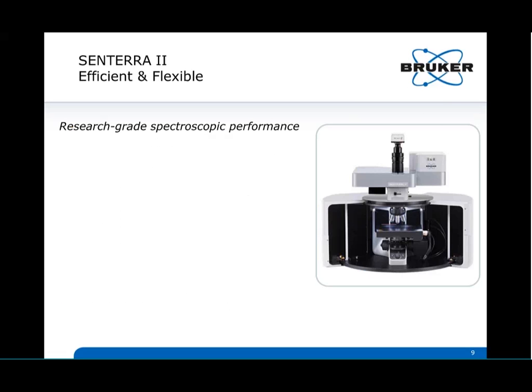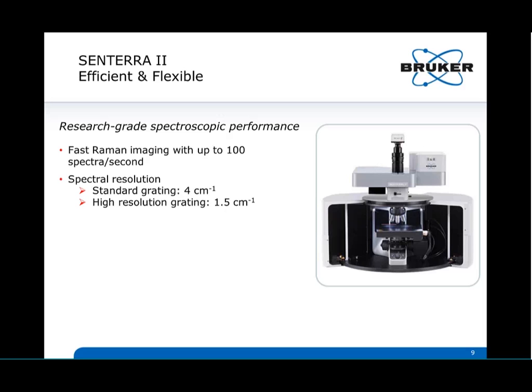Let's now focus a little bit on the performance of the spectrometer part. The system can deliver up to 100 spectra per second for fast Raman imaging procedures. It provides gratings which can result in resolutions up to 1.5 wave numbers, and all gratings provide the full spectral range.